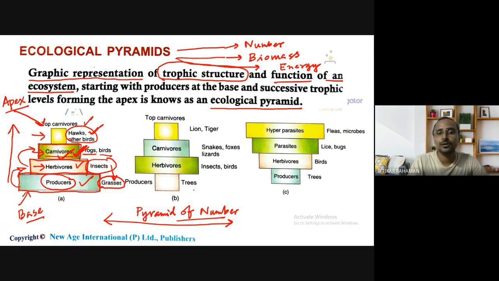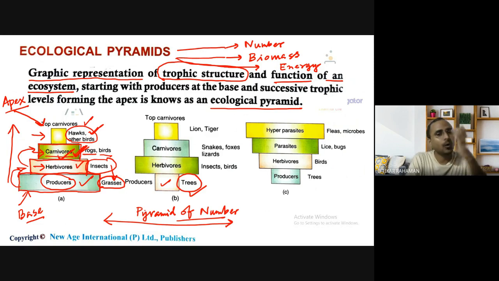So in another ecological situation or ecosystem, in the trees, if you see the ecosystem in a large tree, so tree is lesser, like one or two trees can be there.